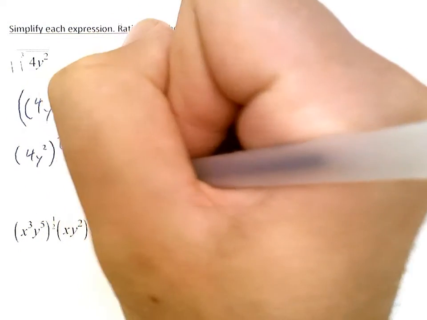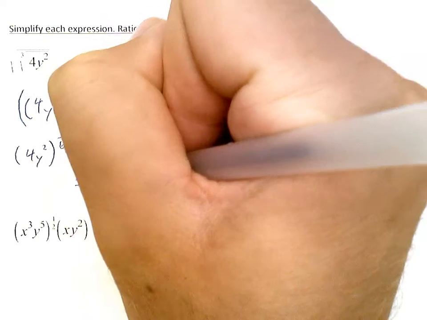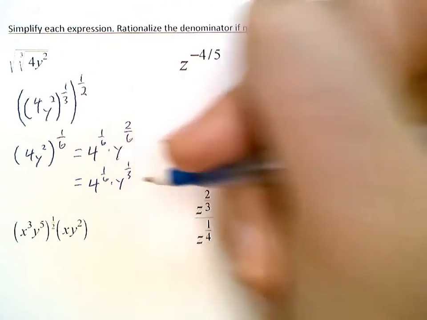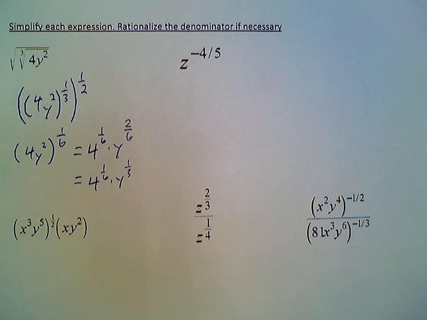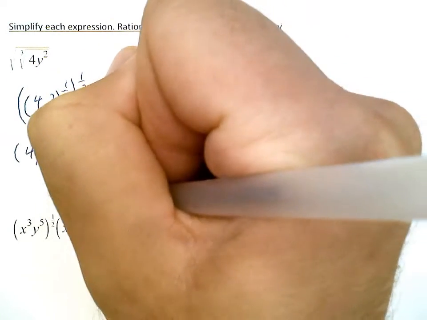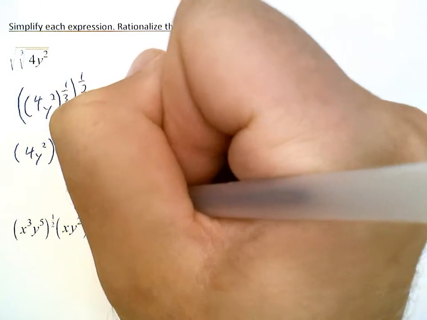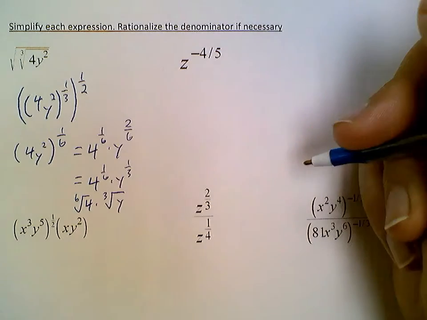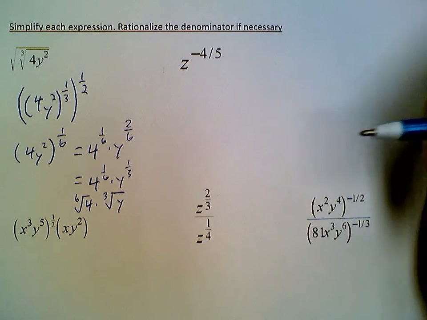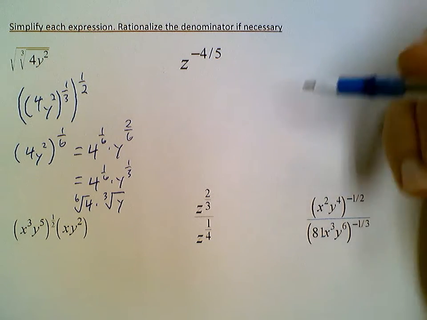So what I have is 4 to the 1/6 times y to the 1/3. Okay? And you can leave it like that, or if you want to, you could put this into radical form. So radical form would be the 6th root of 4 times the cube root of y. But either way is fine. If you want to leave it in exponent form, that's fine. Radical form, fine also.